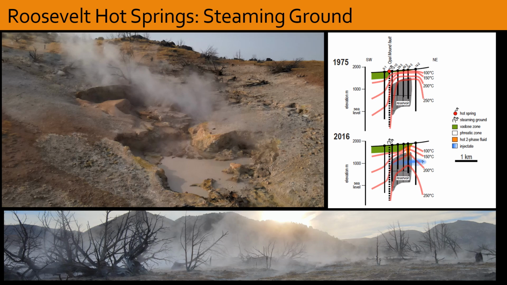A similar magnitude effect of depressurization occurred in the Wairākei geothermal field in New Zealand, and it was decades before reinjection was used to dispose of wastewater. The result was formation of a large area of steaming ground called Craters of the Moon, and today this area is visited by numerous tourists annually, whereas the remote, isolated location of Roosevelt Hot Springs means that the site is rarely visited.